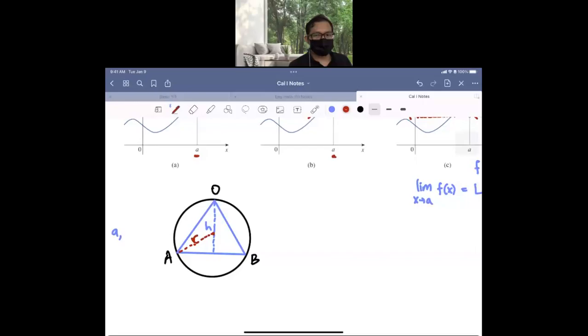Increasing the number of sides. Let's say n is the number of sides. It's 3. We can make it 4. We can make it 5, which means the sides will be like this and then like this, but they are still inside the circle. So let's imagine increasing.